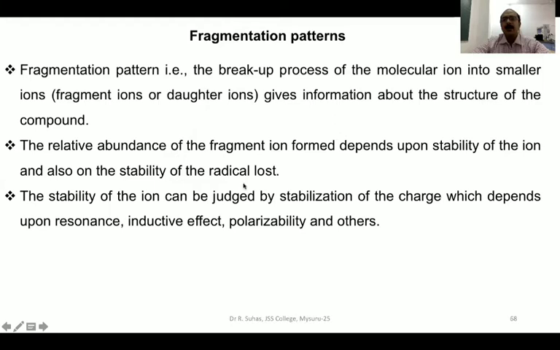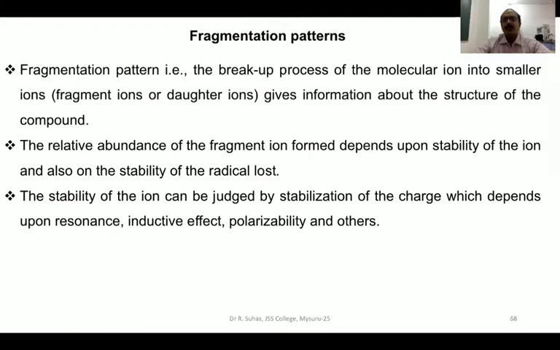So the relative abundance of the fragment ion depends both on the stability of the ion as well as the radical. In what way can we judge the stability of the ion? It can be judged based on the stabilization of the charge, which depends upon resonance, inductive effect, polarizability effect and other parameters, and these parameters determine the stability of the ion formed.